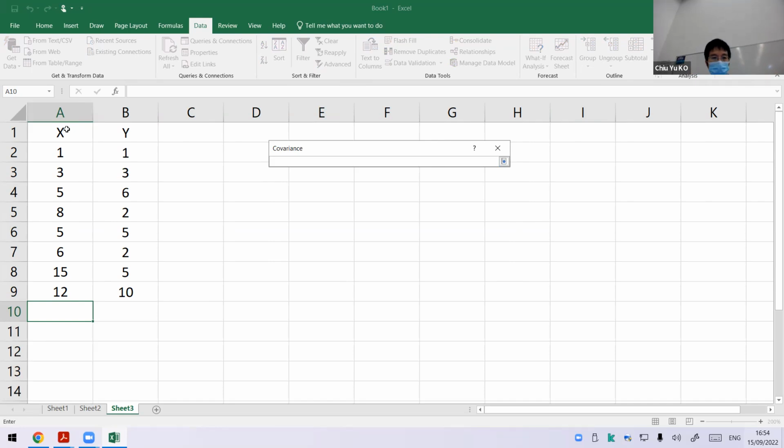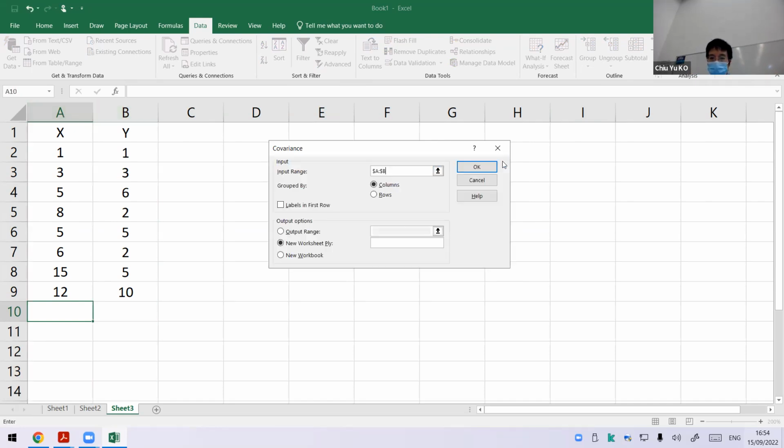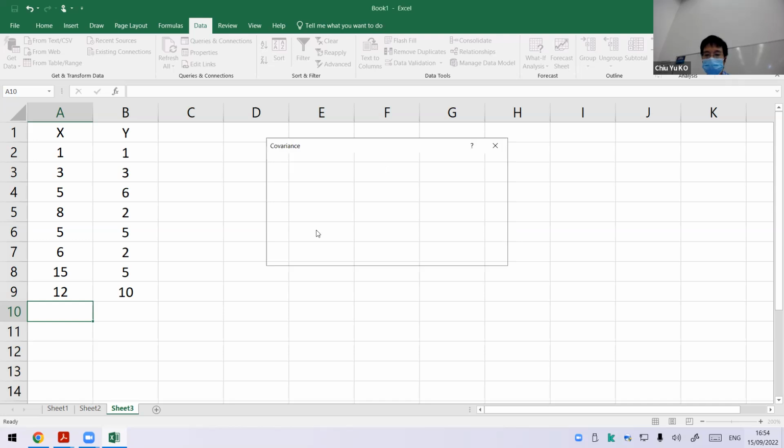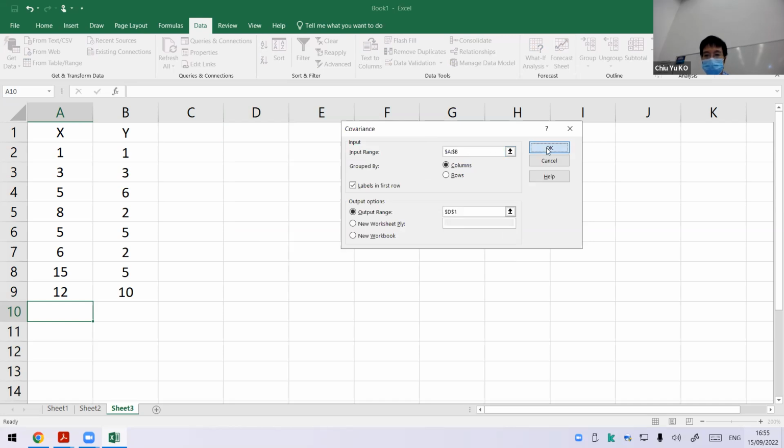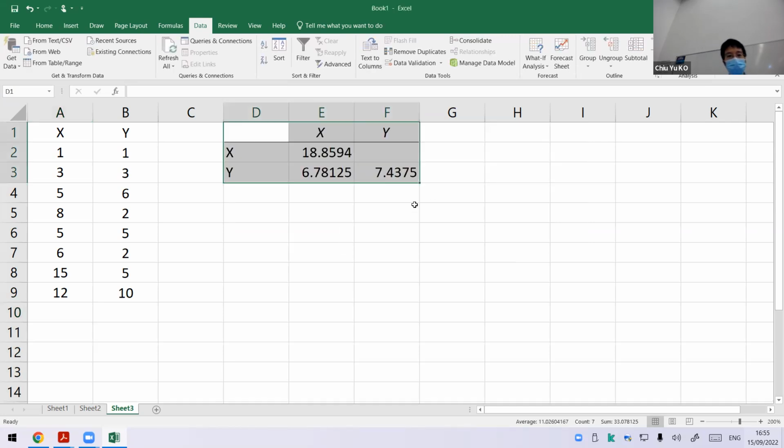I click both A and B. The data are organized by column, so that's why I choose column. I've labeled the first row, and I tell it where to do the output. I choose, say, D1, and then just click OK. Then automatically you have covariance.